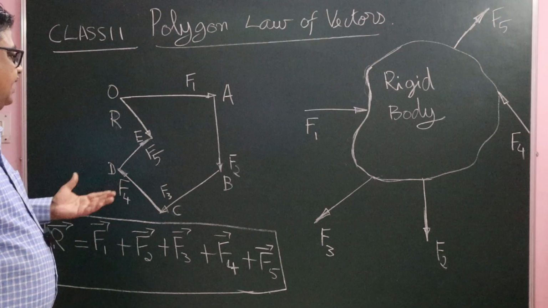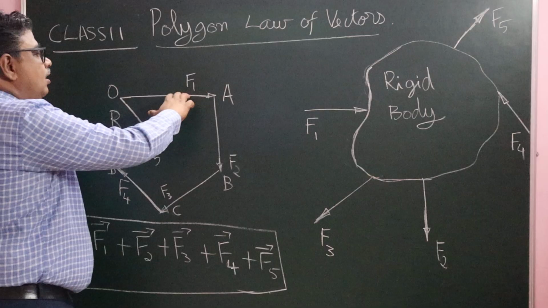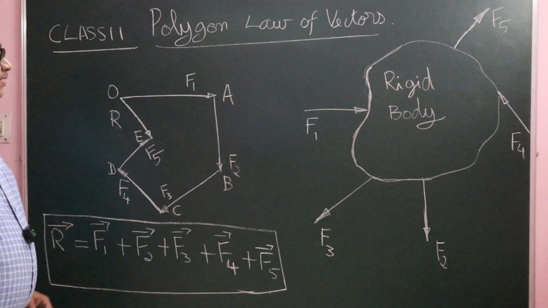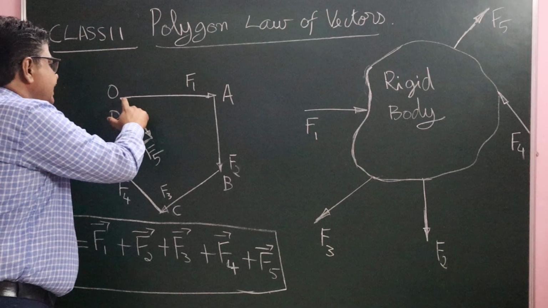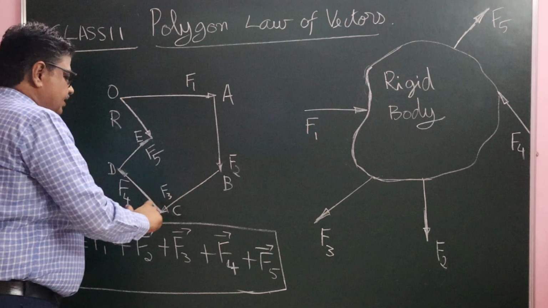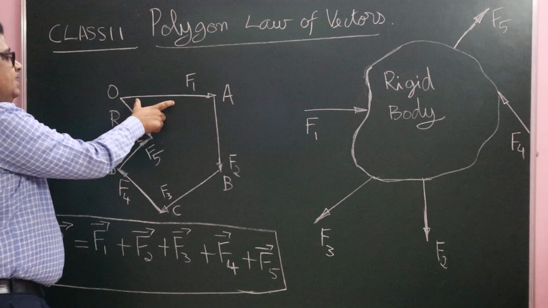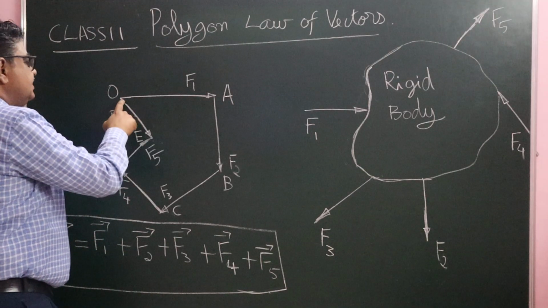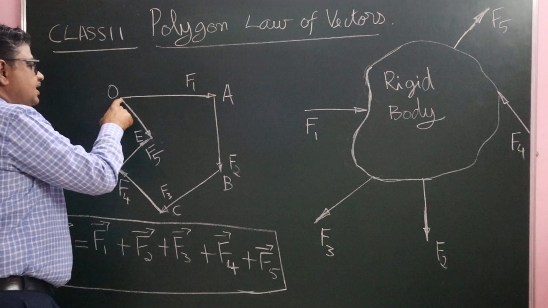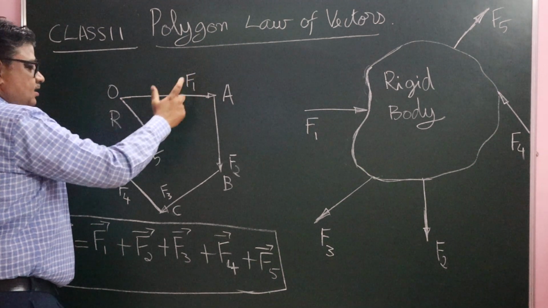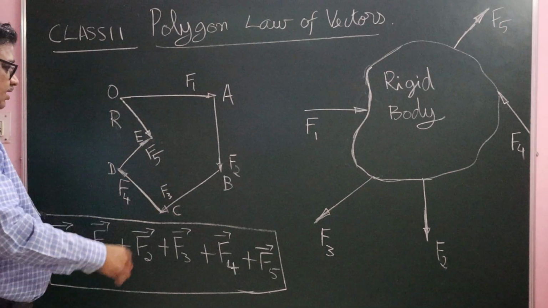or we can assume that the forces are acting along the sides of a polygon, right? So this is force F1. This is the head and this is the tail. Beginning point is the tail, end point is the head of the force F1, which is a vector. Force is a vector.